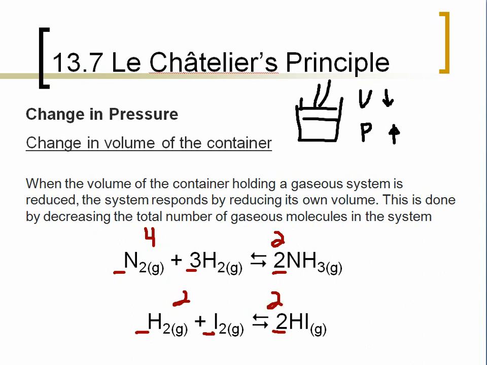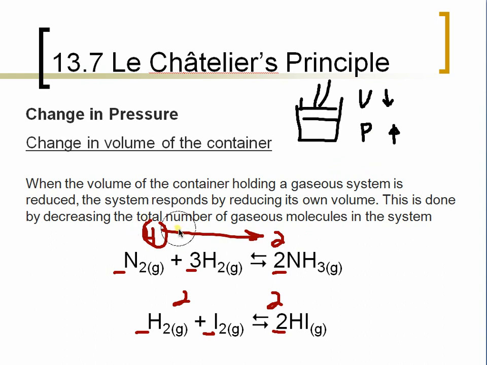Okay, so if I am lowering my volume, I'm basically adding more pressure. I'm basically squeezing this reaction to the right. It's going from 4 molecules to 2 molecules because I'm lowering volume and increasing pressure. I'm kind of squeezing them together. The equilibrium will shift to the right to compensate.